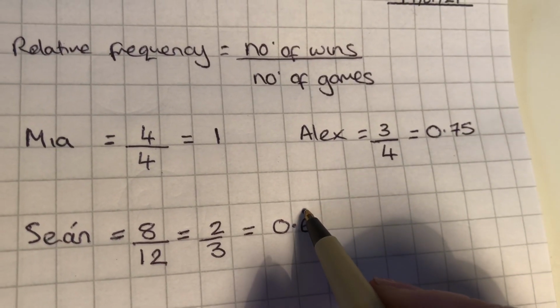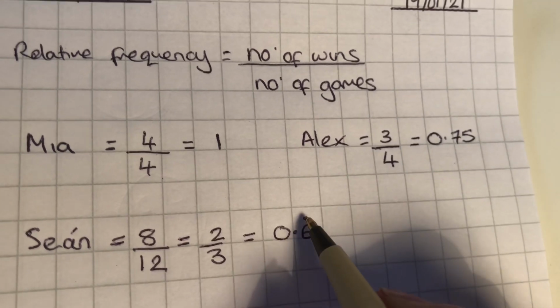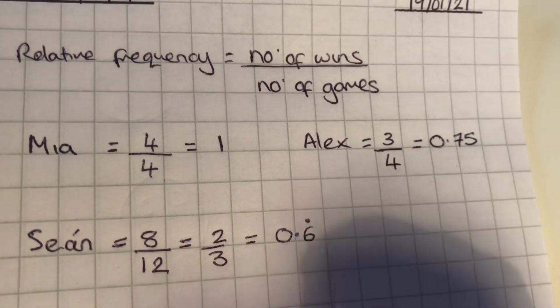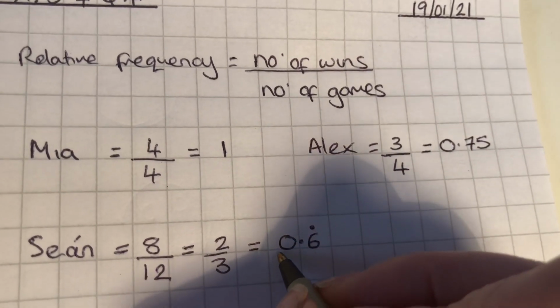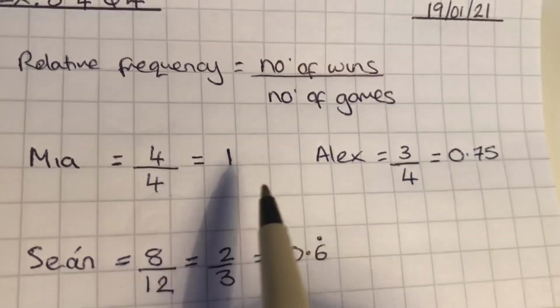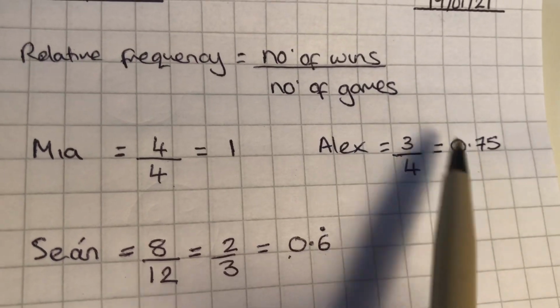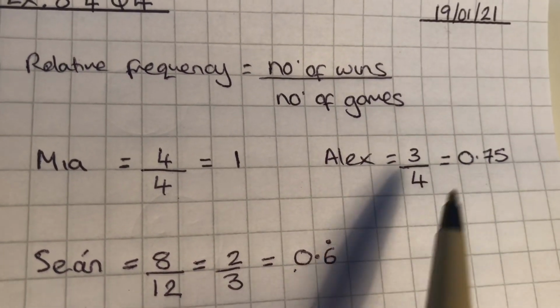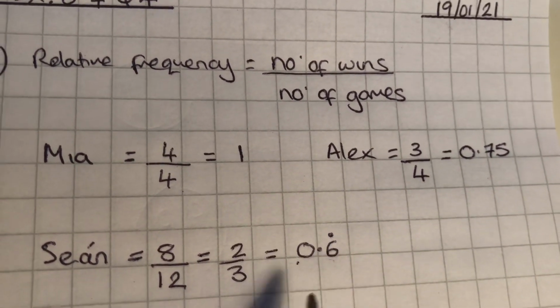So we don't have the time or the energy to write all those sixes, so we're going to put the little dot over the 0.6 to say that we know it goes on and on. So there we have it. The 3 relative frequencies are 1, 0.75, and 0.6 recurring.